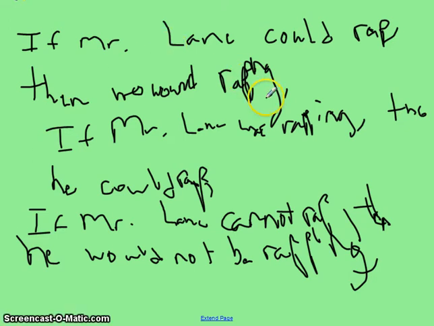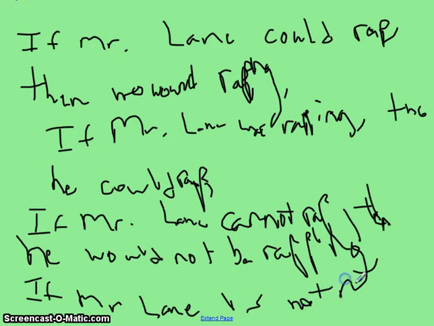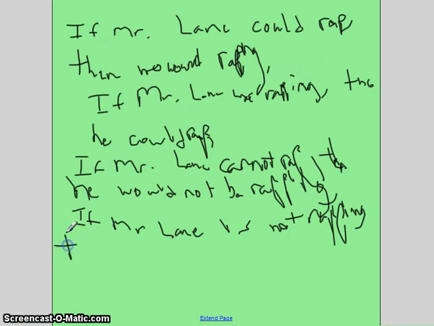Alright, and the contrapositive flips and negates both. So in this situation we'll have if Mr. Lane is not rapping, then he cannot rap.